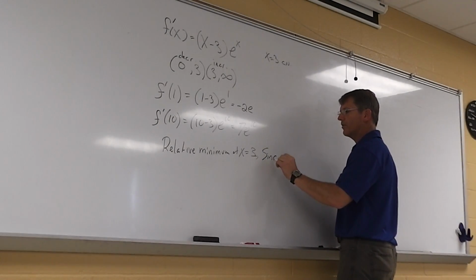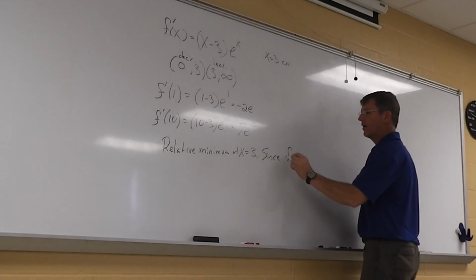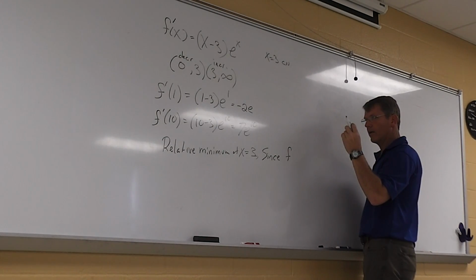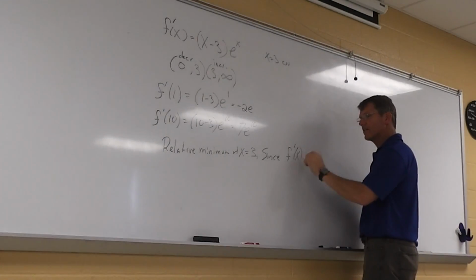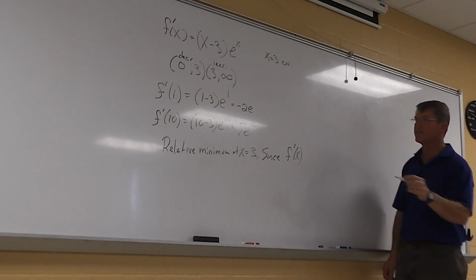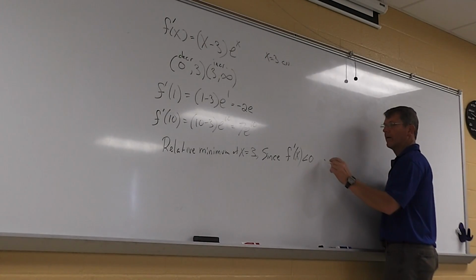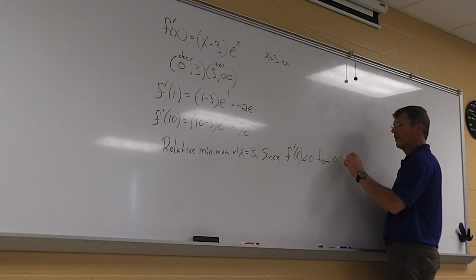Since, Matthew, you want to try this? F prime of x, for x from 0 less than x less than 3, is less than 0.